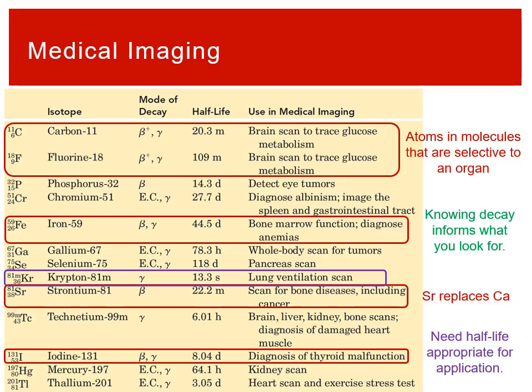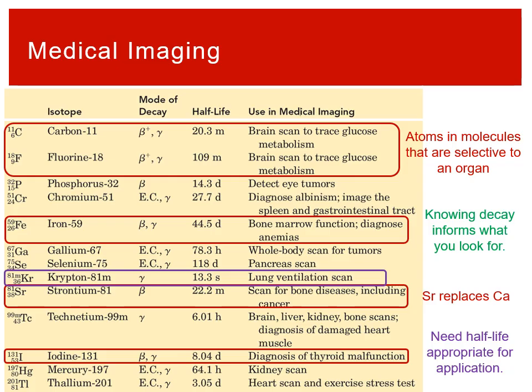You will note there is one here, krypton-81m, that has a 13.3 second half-life. This is much shorter than everything else, and it is used for lung ventilation scans, right? Krypton is a noble gas, so one, you have to use a gas if you want to see the ventilation of the lung, where air is accessible inside your lung, and two, when you inhale, that's not a very long amount of time.